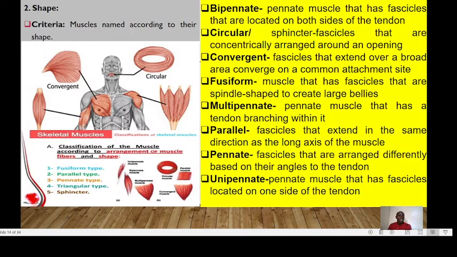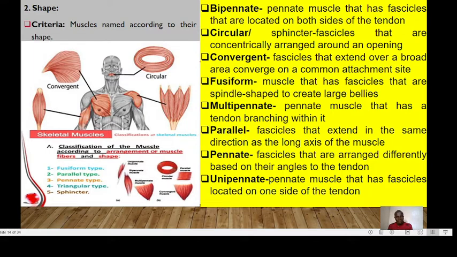All right. The criteria number 2 is the shape. Okay, so muscles are also named based on the shape. We could be talking of these convergent muscles, circular muscles, like the fusiform type, parallel type, pennate type, triangular type, sphincter, and so on and so forth.